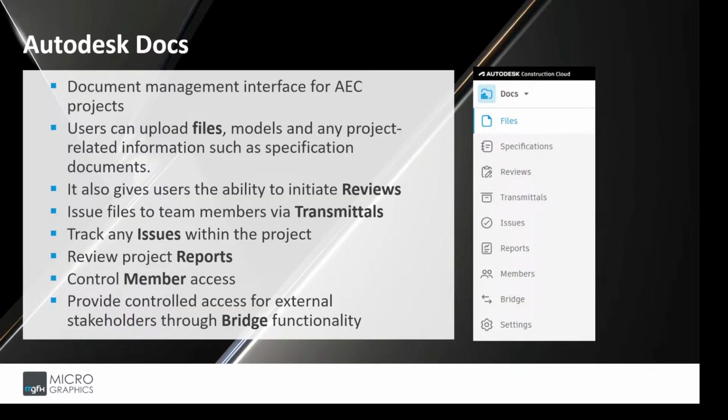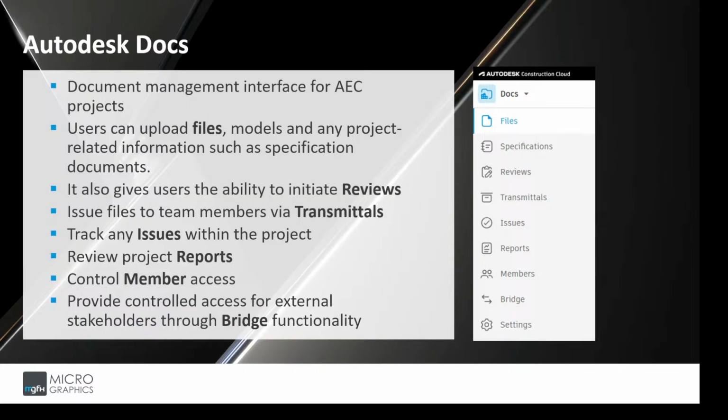The key features and capabilities include centralized data control and versioning. Autodesk Docs provides unlimited cloud storage and supports 2D and 3D file formats, including PDF, DWG, Revit, and Navisworks file formats.